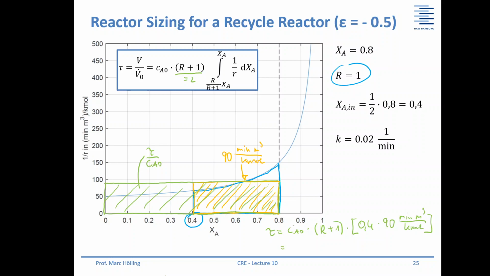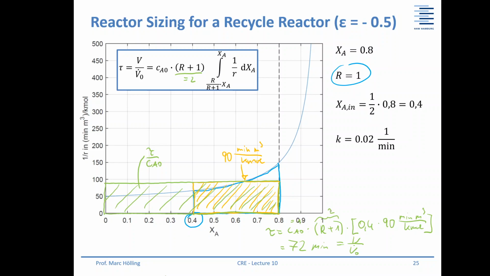CA0 again was 1, I skipped the units. R plus 1 is 2. Then you have 0.8 times 90. So now you should have a residence time of 72 minutes. And again, this is your reactor volume divided by the initial volume flow.